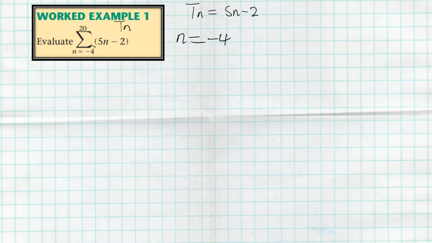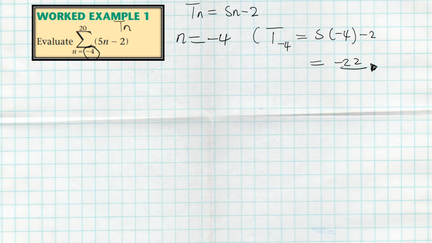So it's starting when n equals minus 4. That's our starting point. It means that if we want to get the first term, we substitute n equals minus 4. Then that's our first term being added there. So this will be minus 20 minus 2, which is minus 22. This is the first term being added.